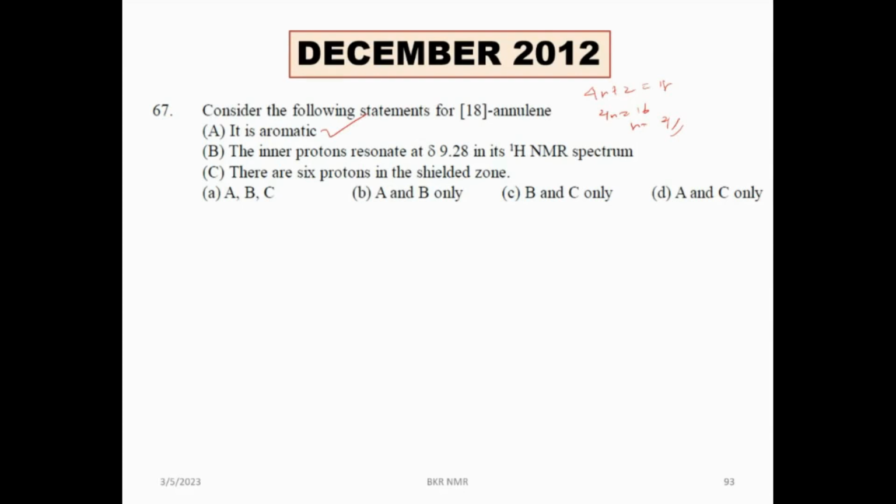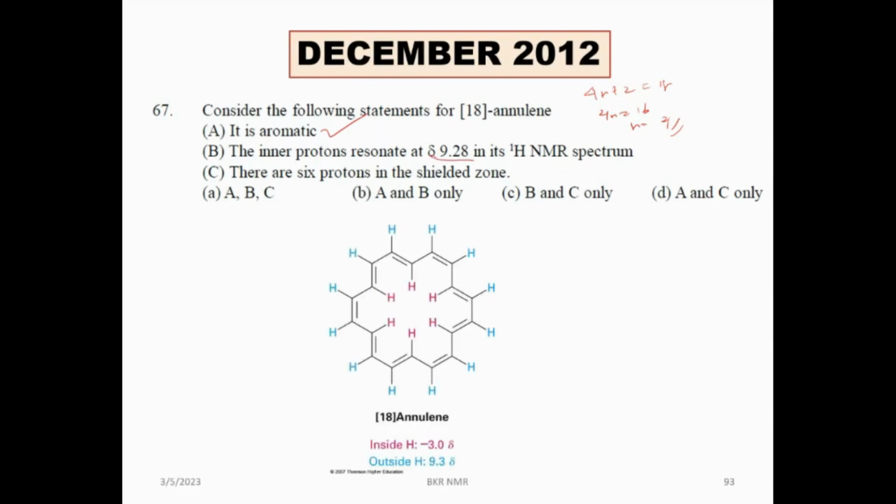The inner proton resonance is at 9.28 in the NMR spectrum. Do you agree with this? No, ma'am. In annulene, what happens? You have 12 outer protons and 6 inner protons. So this is an aromatic system. Therefore, what will happen? The secondary magnetic field will be such that near the inner protons it is opposing the applied magnetic field.